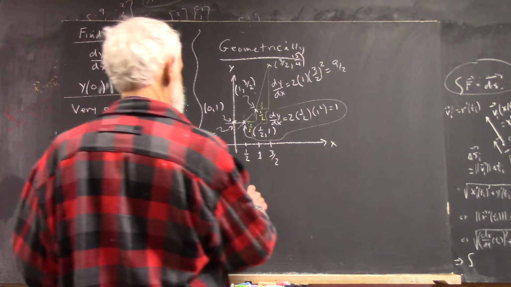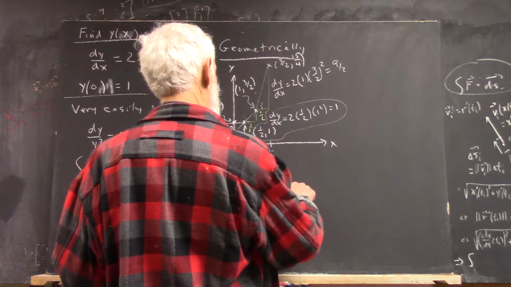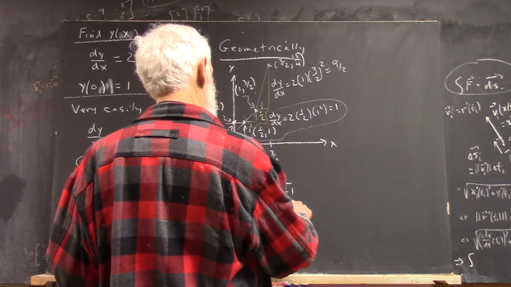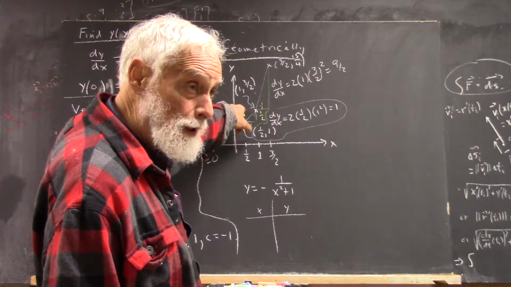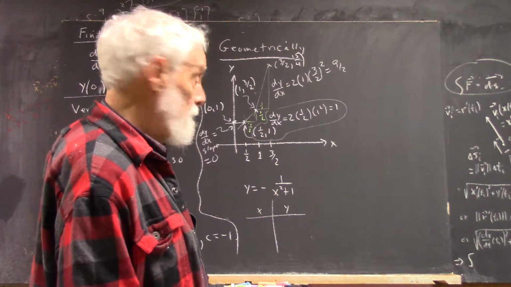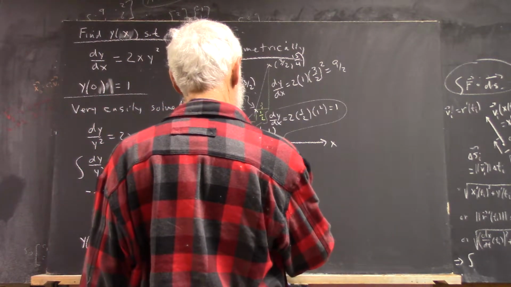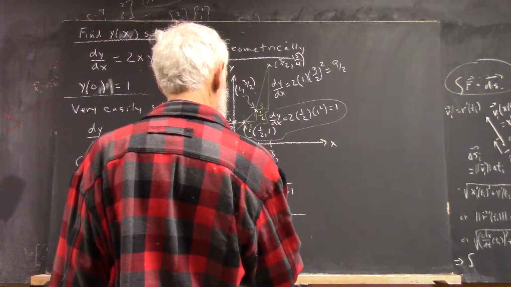So if we make a table of y versus x, just to compare the actual solution with what we got here, it's x squared minus 1. Okay, well, when x equals 0, y equals 1.